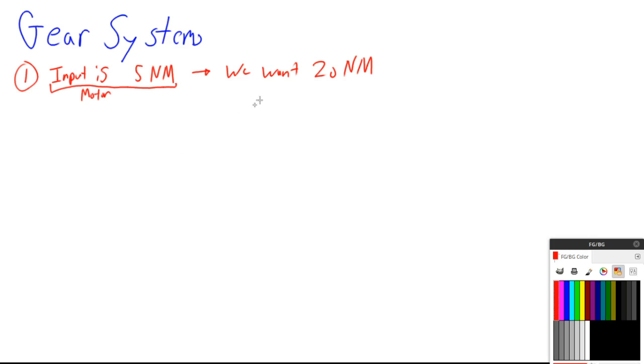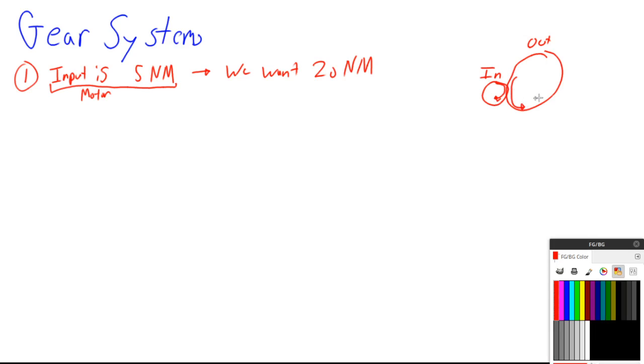In this case, we're going to have a small gear as our input. I'm not going to draw the teeth. And we're going to have a big gear as the output. So as this turns kind of quickly, it's going to slowly start moving this guy.